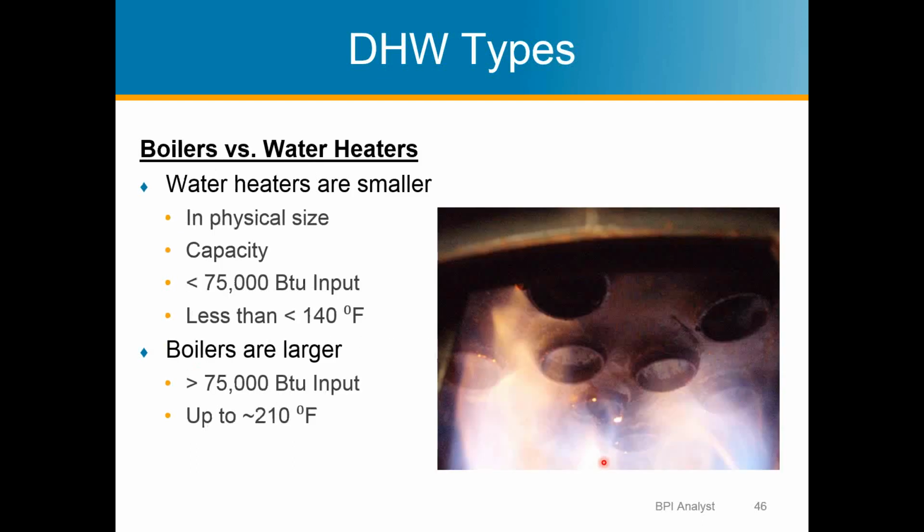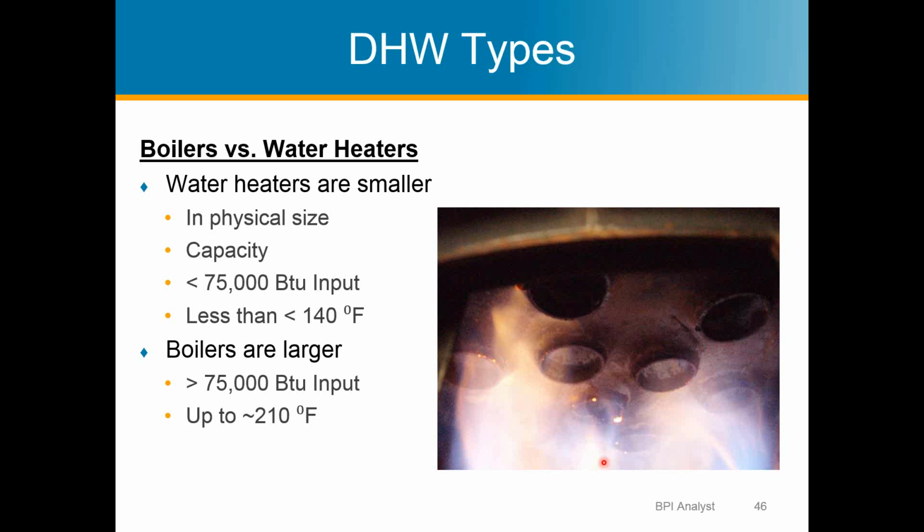So boilers versus water heaters warrants at least a slide. The way we define it in California is a boiler has greater than 75,000 BTUs per hour of input, and water heaters have less than 75,000 BTUs per hour of input, and typically less than 140 degrees.